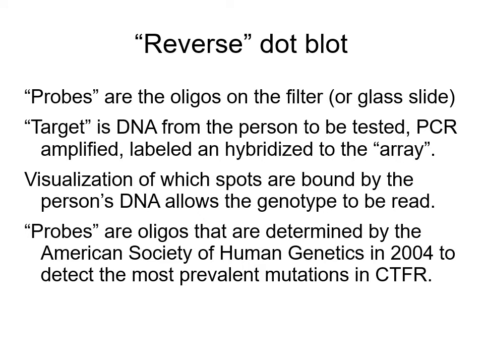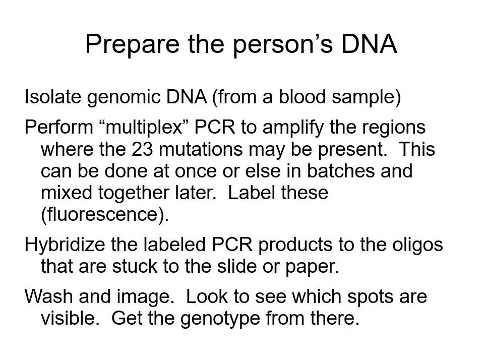Okay, so the probes are the oligos on a filter or glass slide. The target is the DNA from the person to be tested, and that has been PCR amplified and labeled and hybridized to the array. Well, it's not that easy actually because the mutations might be present at many different places in the gene. So the person's DNA is not just amplified in one region.